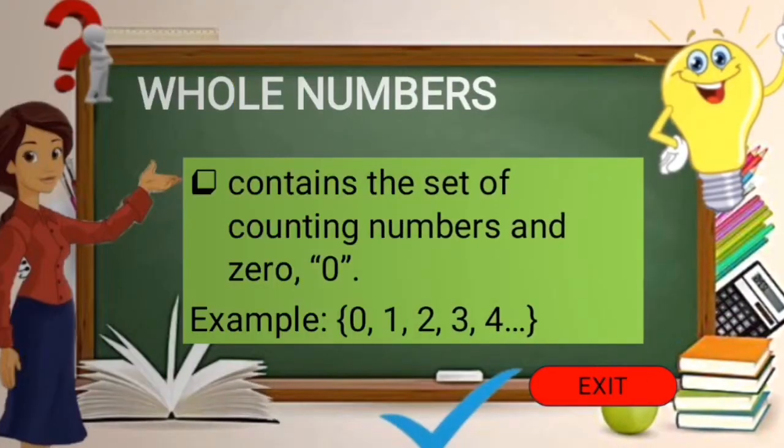Another subset is the whole numbers. This subset contains the counting numbers and 0. The subset would look like this: 0, 1, 2, 3, 4, and so on.